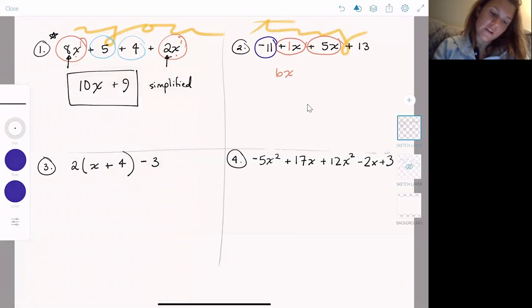Then I've got a negative 11 and a positive 13. I can draw that number line again.